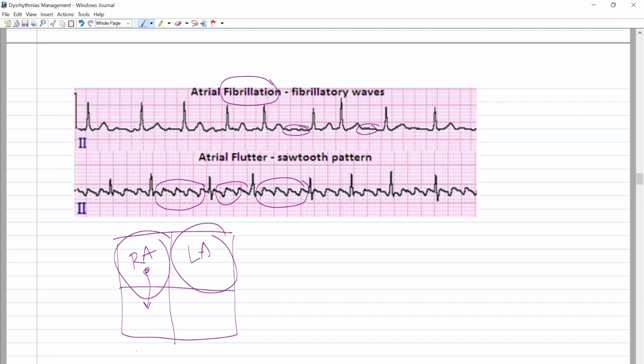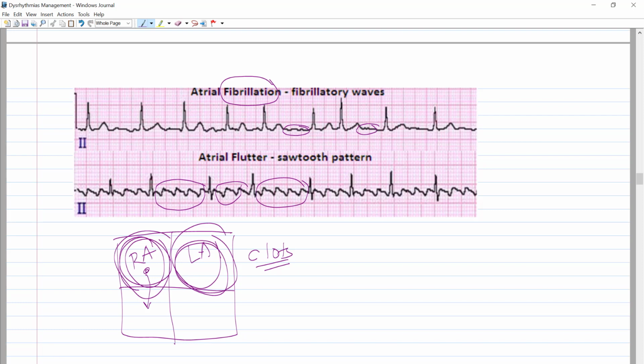Some of it goes, some of it stays because it doesn't pump properly. So what's going to happen to the blood? It stays in this area. So what happens? There will be blood stasis. There will be clots forming, and those clots can be pumped to the pulmonary circulation causing PE, or can be pumped to the systemic circulation that can cause stroke.